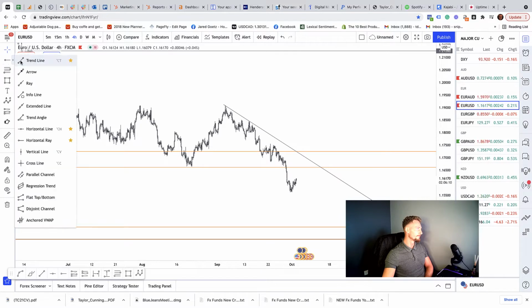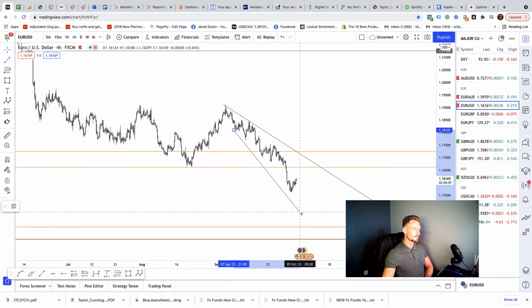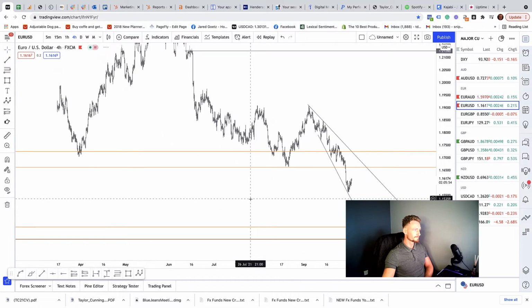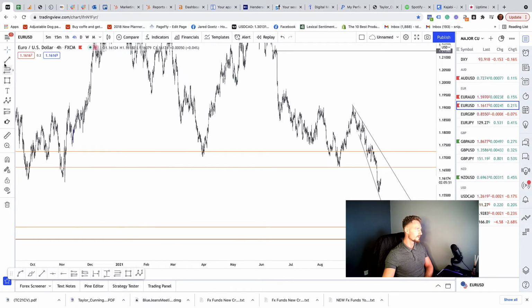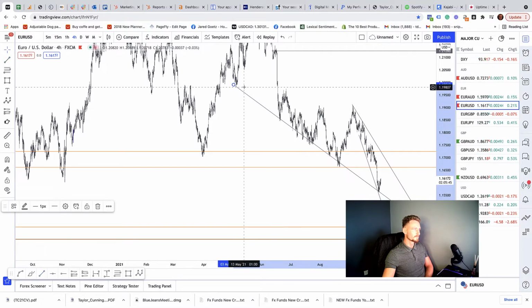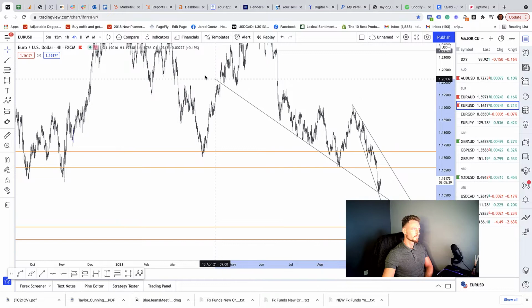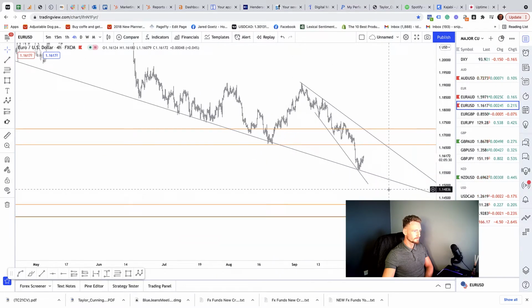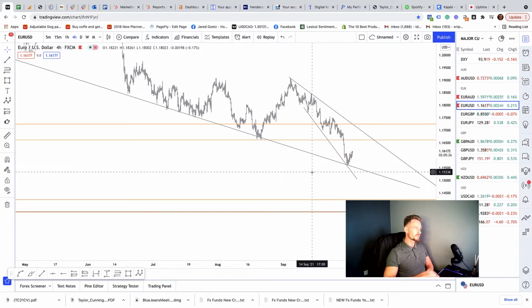You can see something like this. So there's a nice trend line that's been respected.